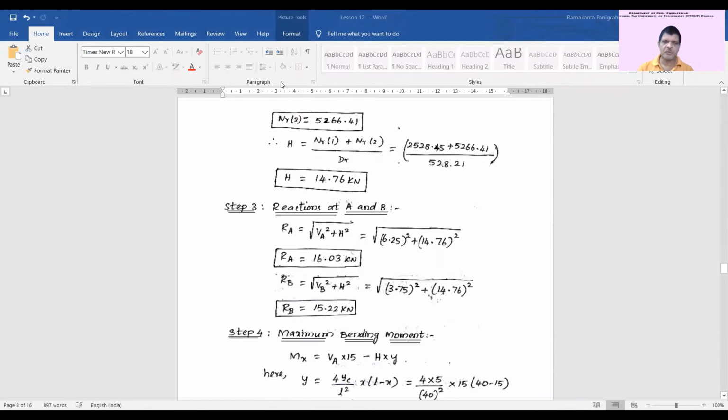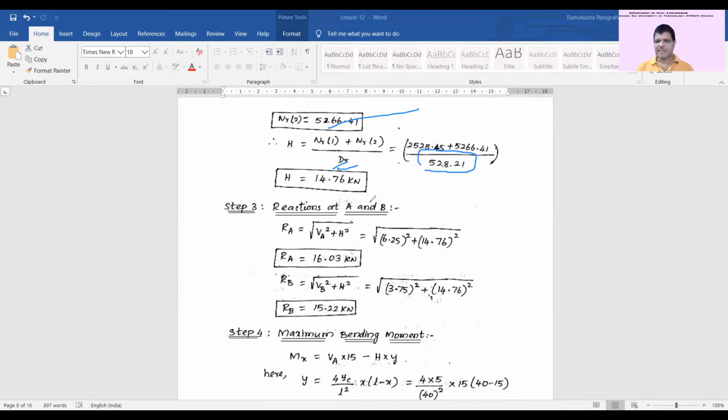In the numerator, the value comes out to be 52266.41, and we have already found the denominator as 528.21. Divide both, and the H value comes out to be 14.76 kilonewton.